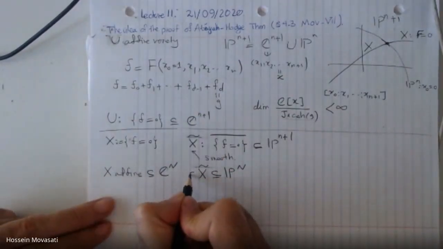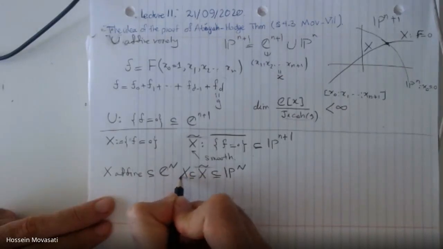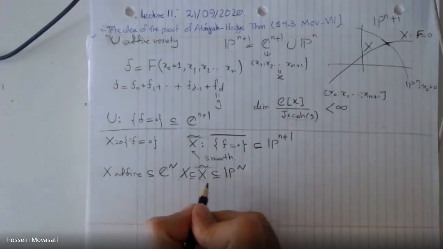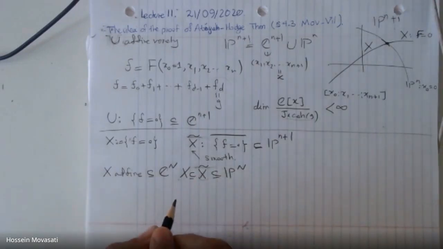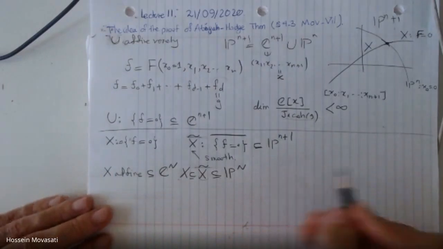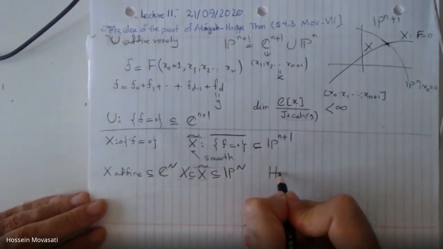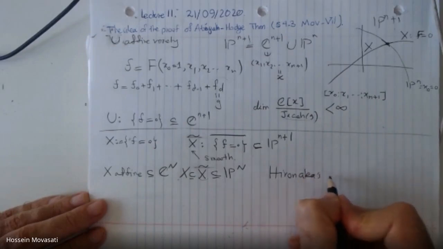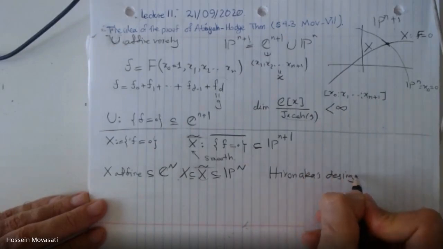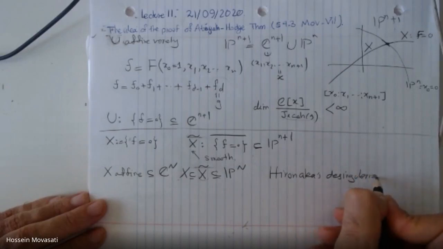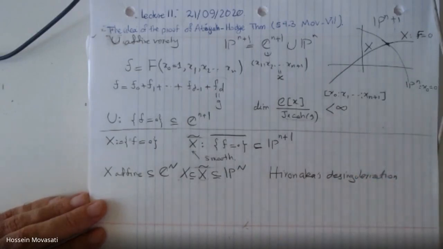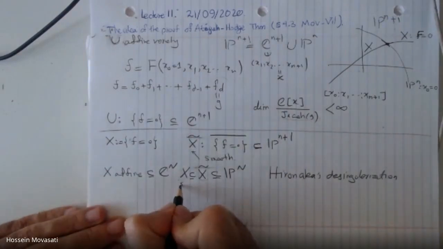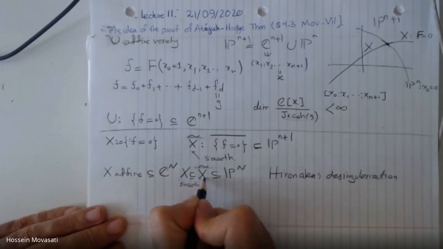So this X will be an affine subset of this projective variety, but X tilde in general is not smooth. And then I recall Hironaka's desingularization. So X itself is smooth, but X tilde might not.